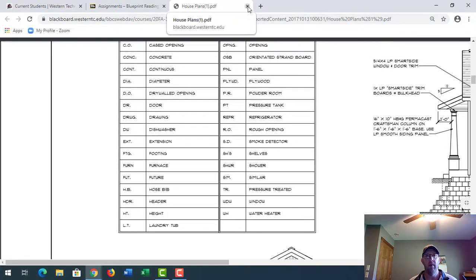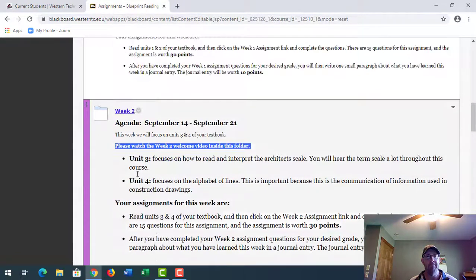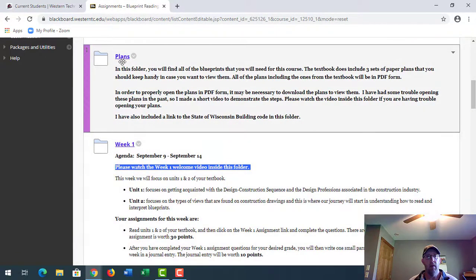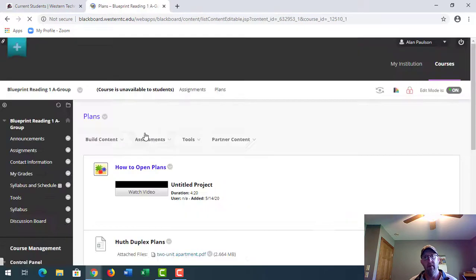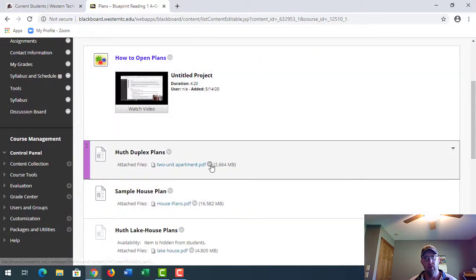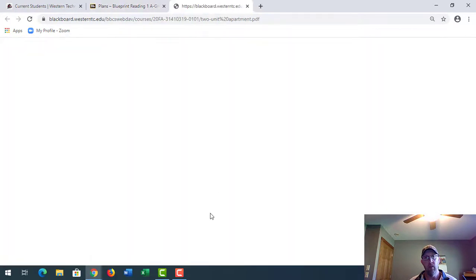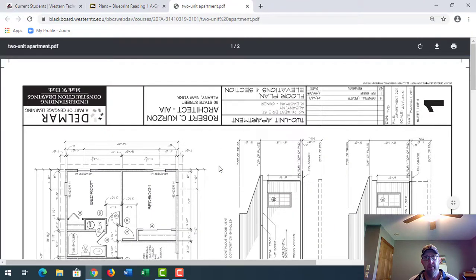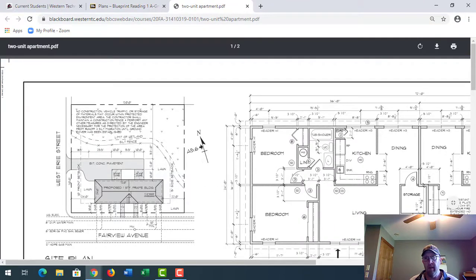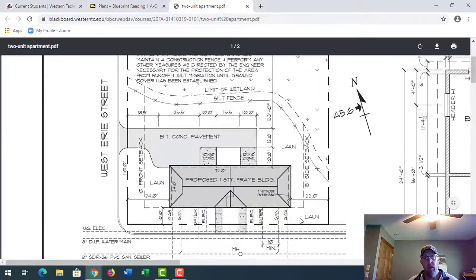Okay, an example would be this plan, the duplex plan. I'll just open it up for you really quickly, and we're looking at it right here.